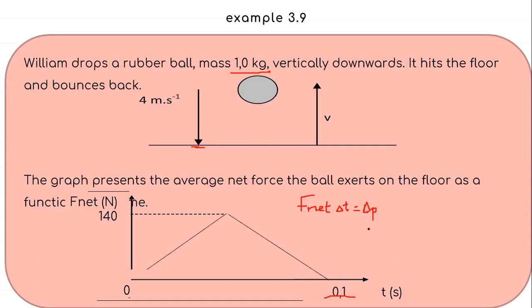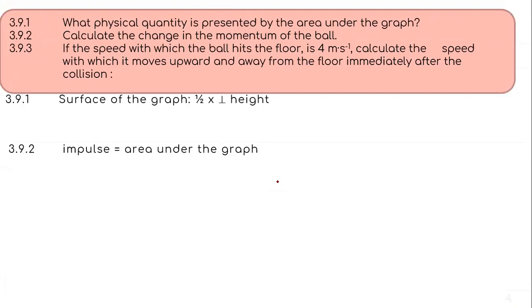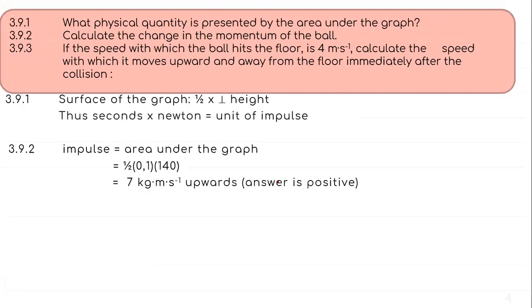So the change in momentum is equal to the impulse, because this represents the impulse and this represents the change in momentum. In other words, from this graph, if I want to calculate the change in momentum, I can calculate the impulse that is acting on the ball. So we do not need any other information.